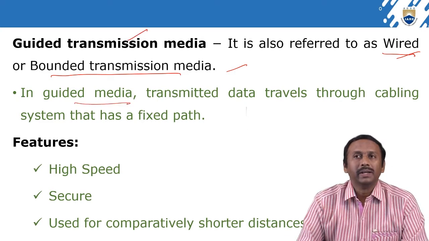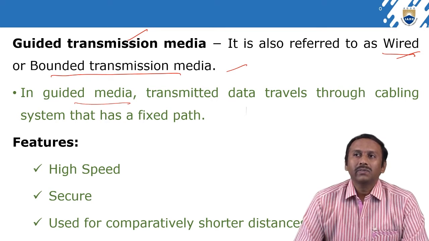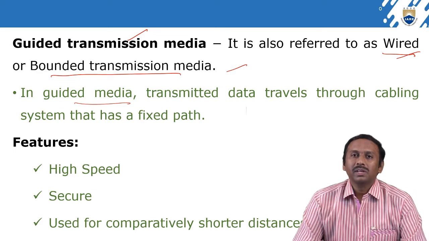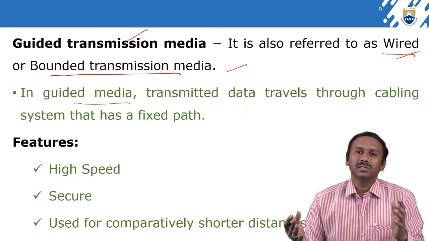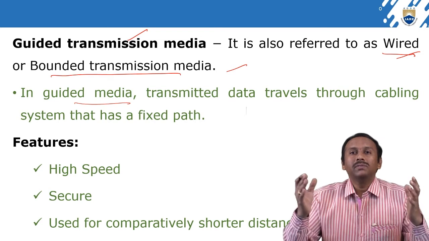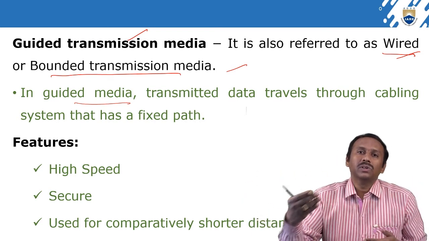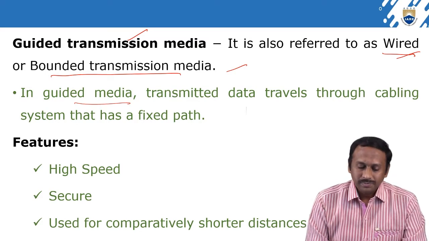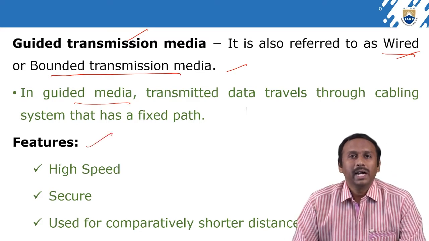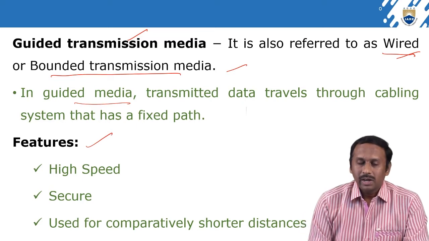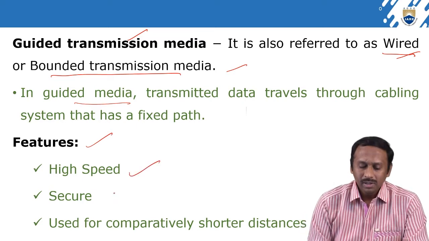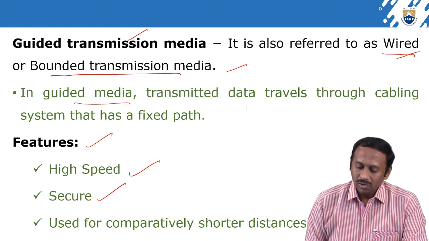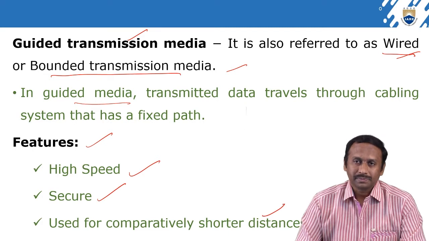In guided transmission media, the transmitted data travels through a cabling system that has a fixed path, isn't it? So a dedicated path from source to destination is already established, and only with this dedicated path does the data travel from one place to another. What are the features of guided transmission? It has very high speed and secure data transmission, used for comparatively shorter distances.